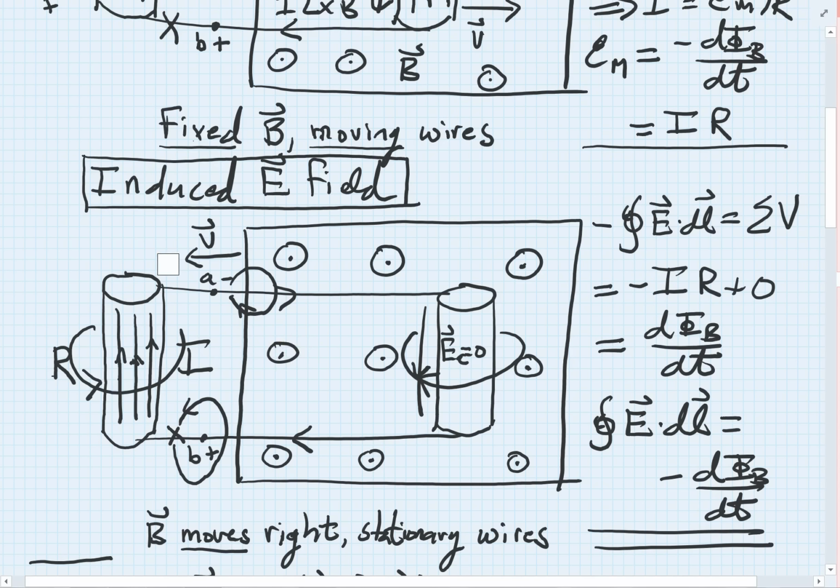And this is, again, another reflection of the no free lunch law, and it also allows you to determine the direction of the induced EMF and the induced currents, because there are only two choices for that flow, and the other choice, of course, would give you the opposite conclusion, where as we're moving the magnetic field, we get an extra current which further enhances that change in the magnetic field.